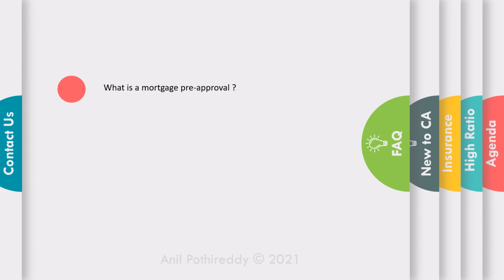And if you're wondering what could change between pre-approval and the final approval, it is the property valuation. At the pre-approval stage, the property details are not available. So it's important to understand that if you have purchased a property way above the market value, the lenders will always fund a percentage of the appraised value and not the purchase value.